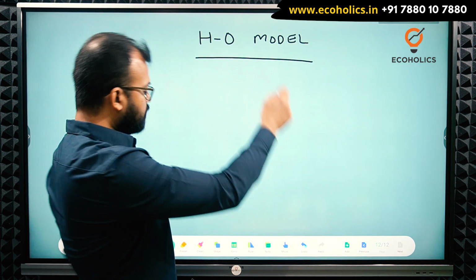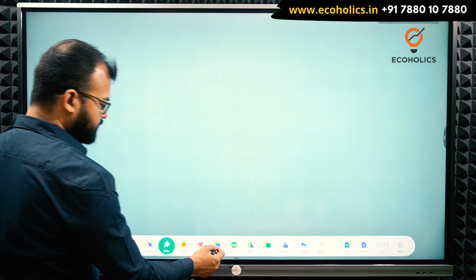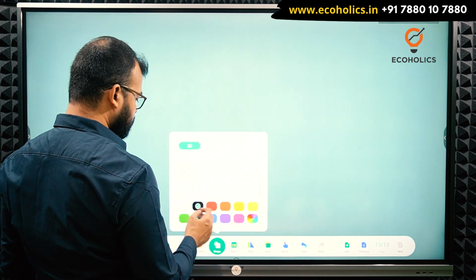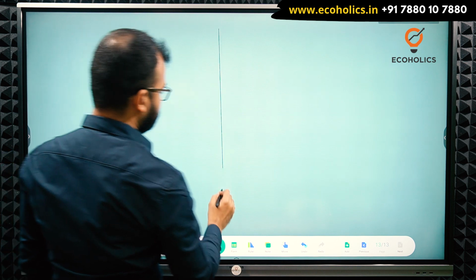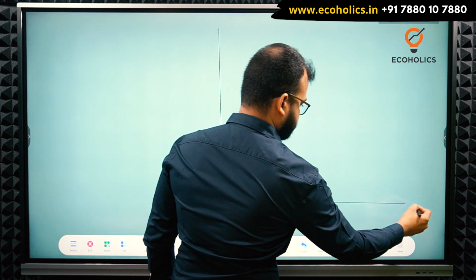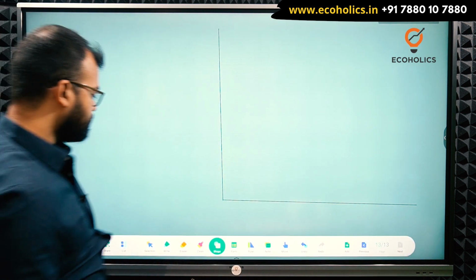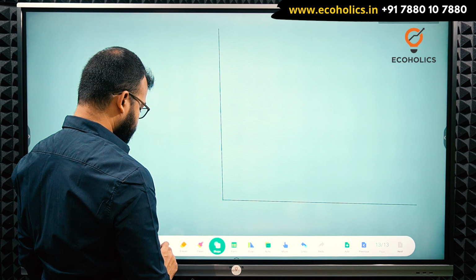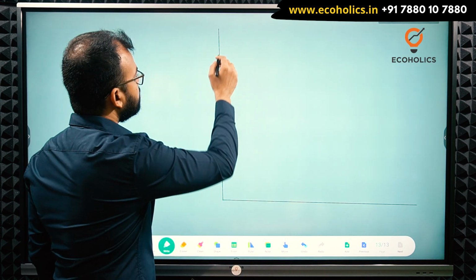So in the HO model, we make a simple diagram to understand how the Heckscher-Ohlin model works from the US perspective, and how the trade will happen. We'll use some microeconomics tools as well, like the production possibility curve and indifference curve.